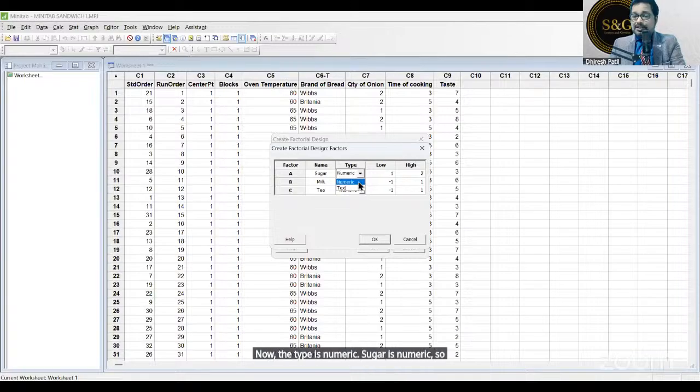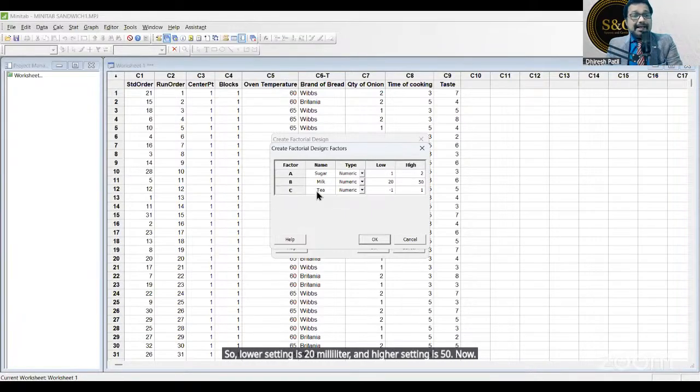So I'll just click on numeric. The lower setting is 1 and higher setting is 2. Okay. Come to milk. Again, it is numeric. You need not change it. Milk is maybe 20 milliliter and 50 milliliter. So lower setting is 20 milliliter and higher setting is 50.